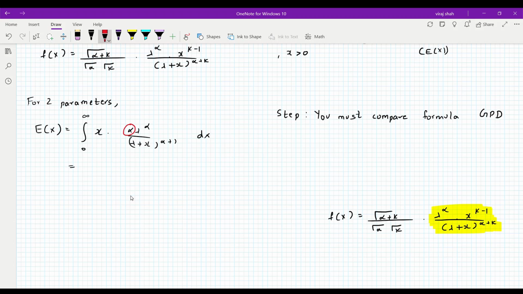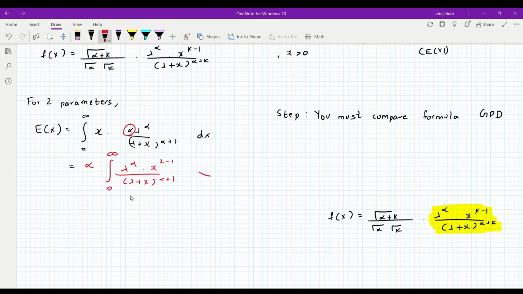So I'm left with alpha integration from 0 to infinity, lambda raised to alpha into x upon lambda plus x raised to alpha plus 1. Can I write this as 2 minus 1? Yes, it means one and the same, right?